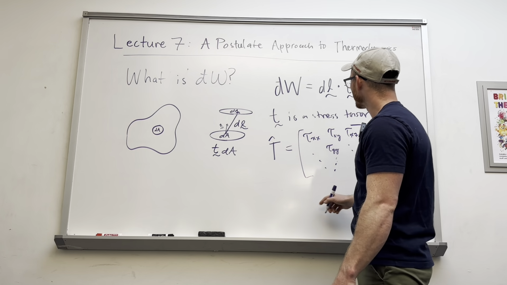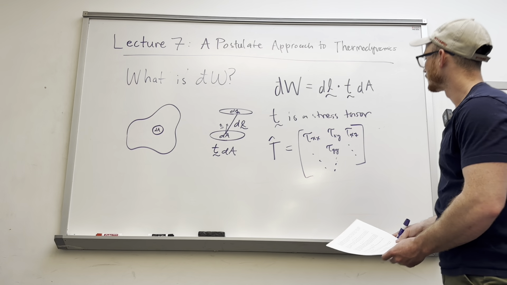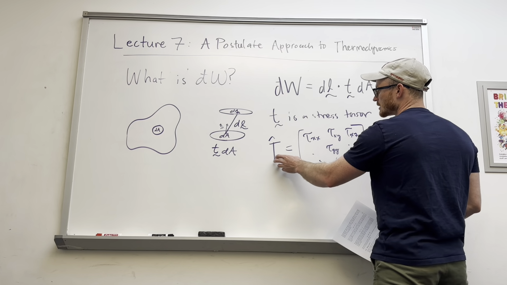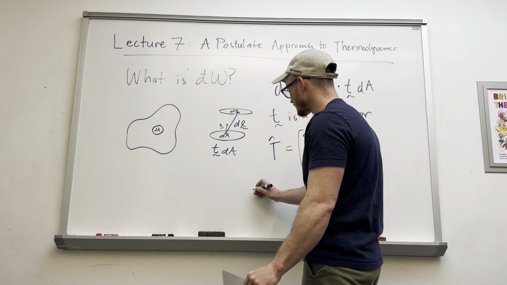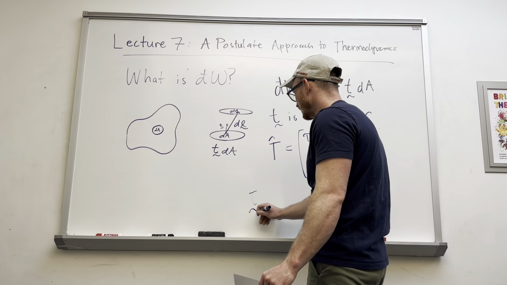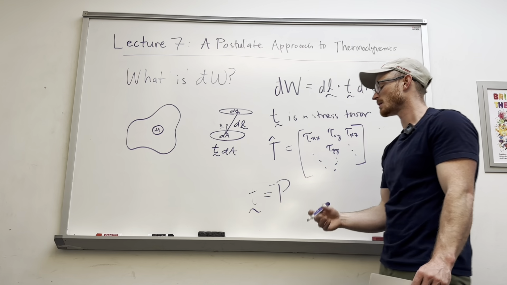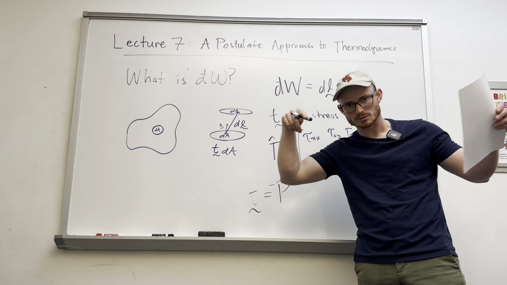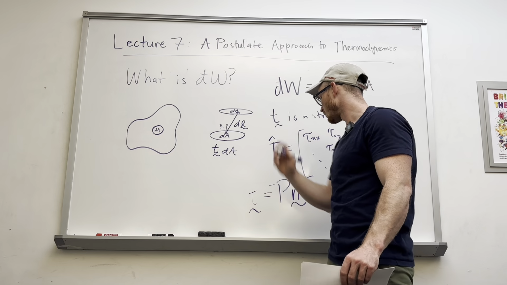So if we look at T dot n, essentially what is the stress that's normal to the surface? We're going to say that this stress that's normal to the surface is the pressure, and by convention we do minus. It's the pressure, so the force pushing inward, in that direction normal to the surface.